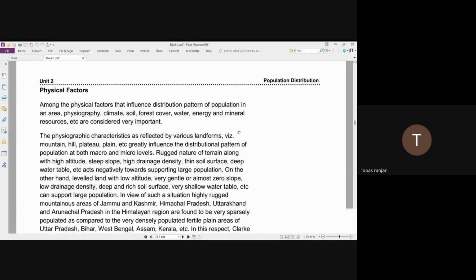Now the climate can be divided into two parts. Okay, the extreme climate and the moderate climate. Now, as we know, most coastal areas are inhabited by a very large population density. Why? Because the coastal areas have a moderate climatic influence. Okay, the weather patterns over there are not very extreme.